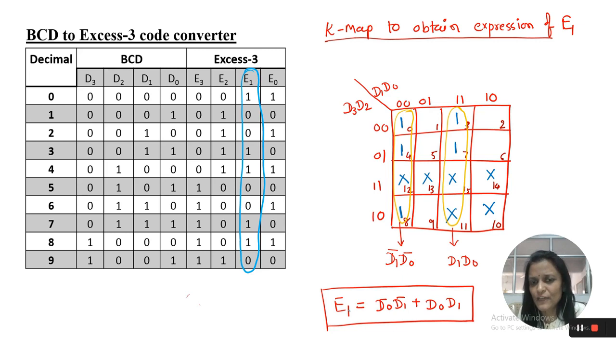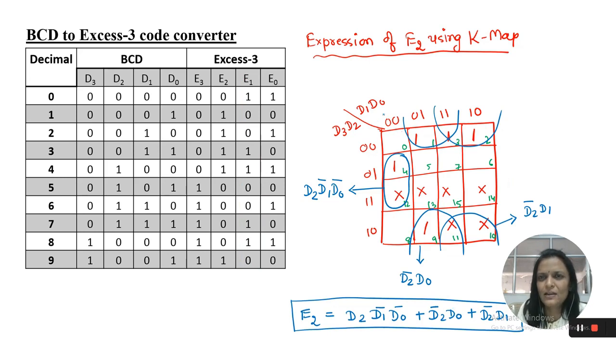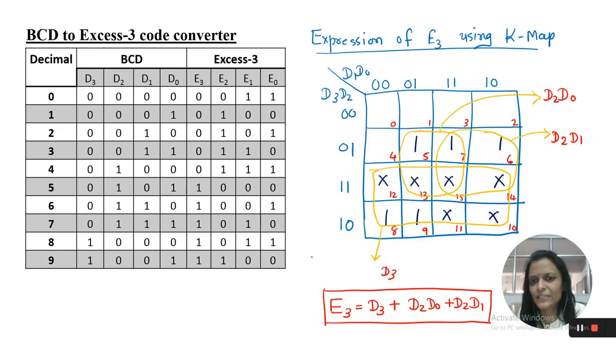So the expression of E1 is D0 dash D1 dash plus D0 D1. Following the same procedure, the equation of E2 is D2 D1 dash D0 dash plus D2 dash D0 plus D2 dash D1. And the expression of E3 is D3 plus D2 D0 plus D2 D1.